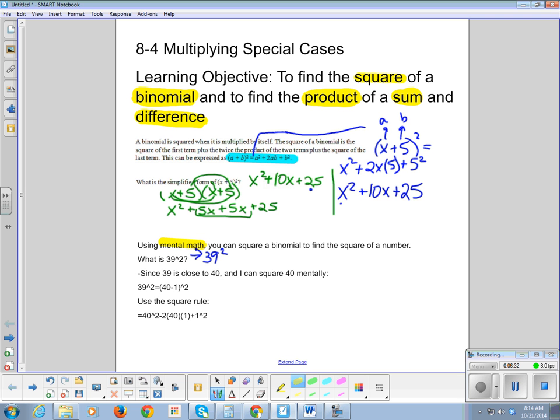Since 39 is close to 40, and I can square 40 mentally, because what is 4 times 4? 16. And then you add 2 zeros, one from each 40, so that's 1600. So you say 39 squared is equal to 40 minus 1 squared.